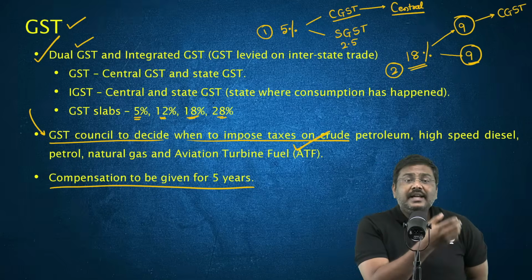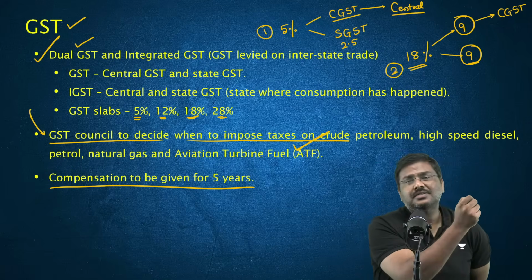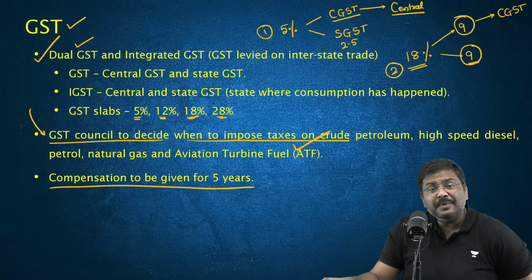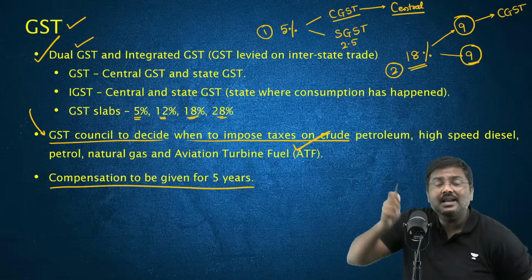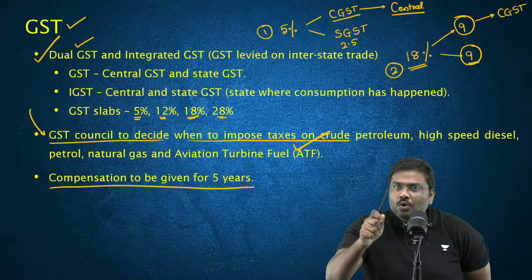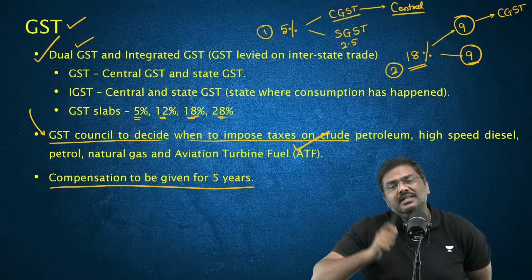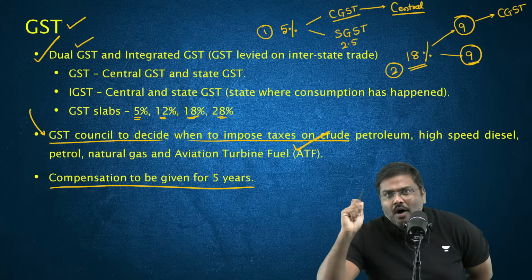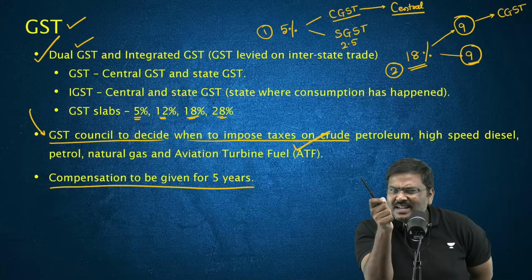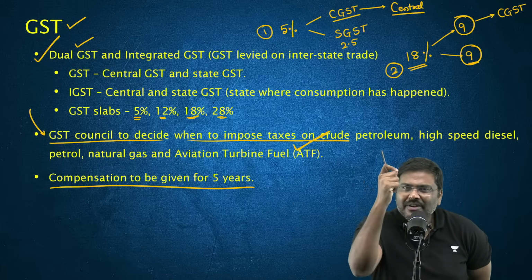So earlier, that power was there with the chief ministers, that is the state governments. Now, you are giving away this particular power to the GST Council. GST Council will take the call. You alone cannot dictate the terms in the GST Council. There is a cooperative federalism now. So don't you think you will be worried, concerned about the tax revenues?